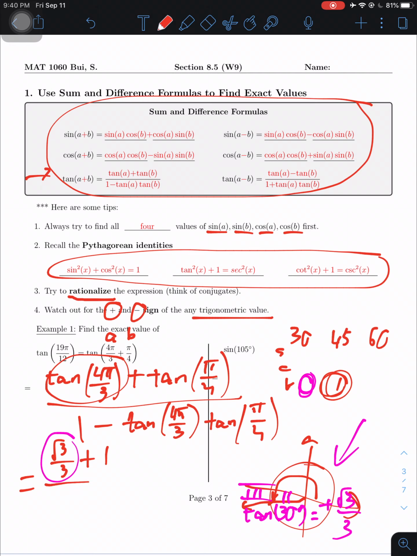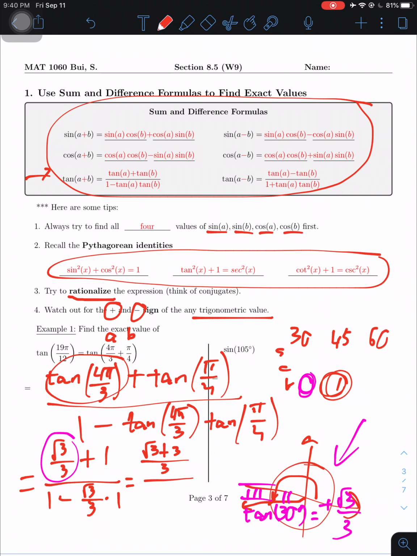We have that's for the top, and then for the bottom we have a 1 in here. Tangent of 4 pi over 3, we're gonna get square root of 3 over 3. And then times 1 for tangent of pi over 4, okay? For the top part, I'm gonna get a common denominator. So the 1 in here will be 3 over 3, and I'm gonna get square root of 3 plus 3 over 3, okay?